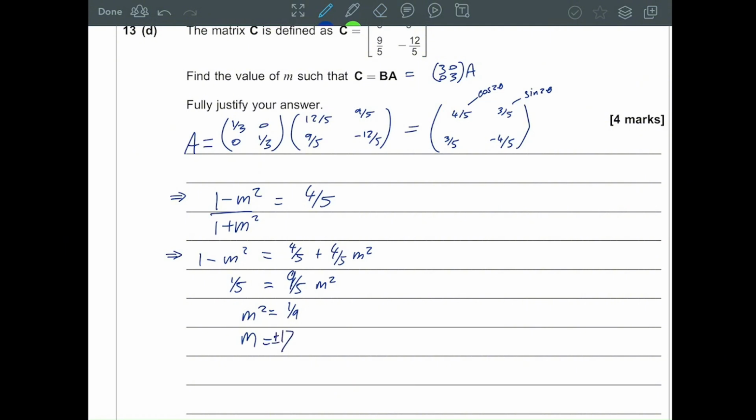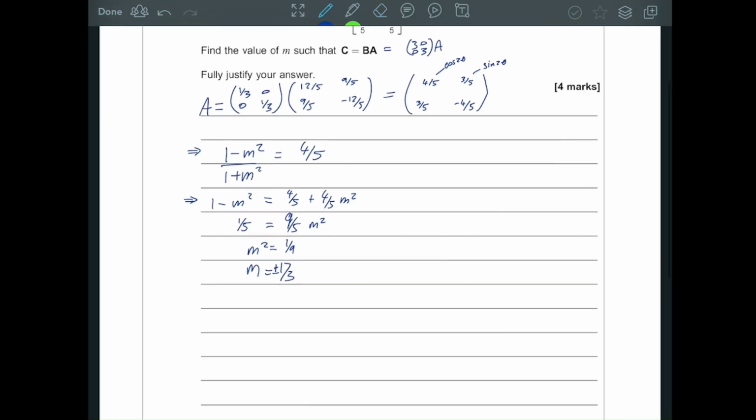We're not sure which yet. And if we do the other one, 2m over 1 plus m squared equals 3/5. I don't actually want to solve this one because this will be a proper quadratic. So instead, I'm just going to use these. If m equals negative a third, I know this is the bad one, so that's why I'm doing this one first.